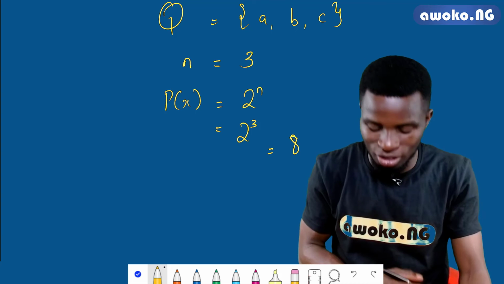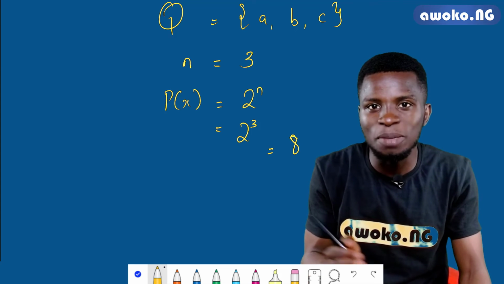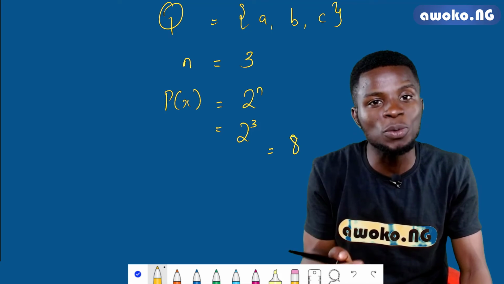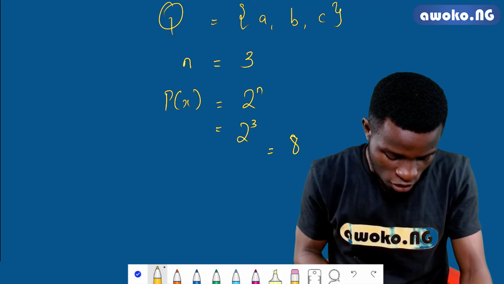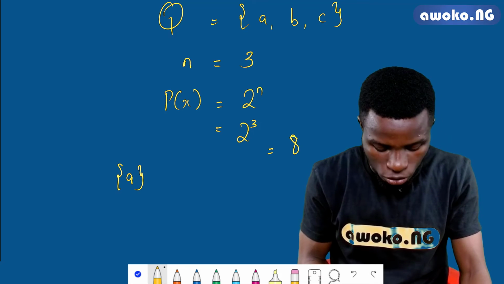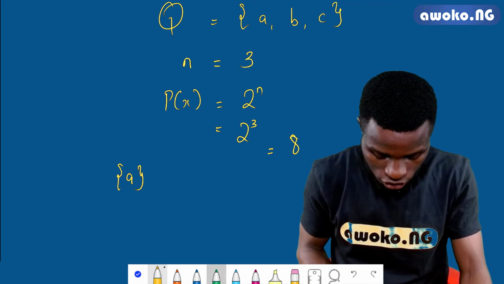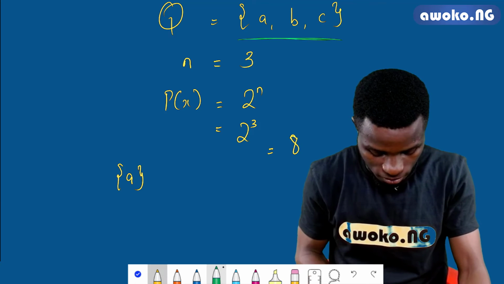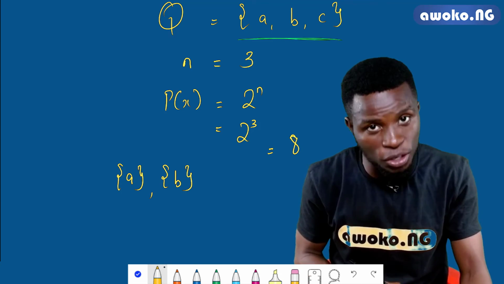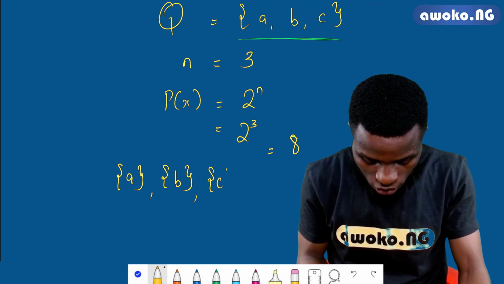How can we get this done? So let's list the possible subsets of this particular set to check if they will be up to 8 in number. You agree with me that A is a possible subset of this set Q. You also agree with me that B is a subset of set Q. C is also a subset.